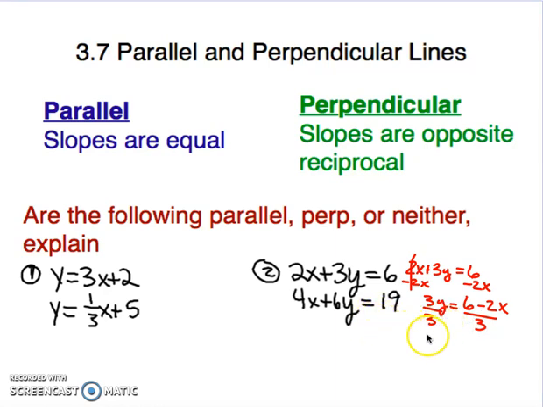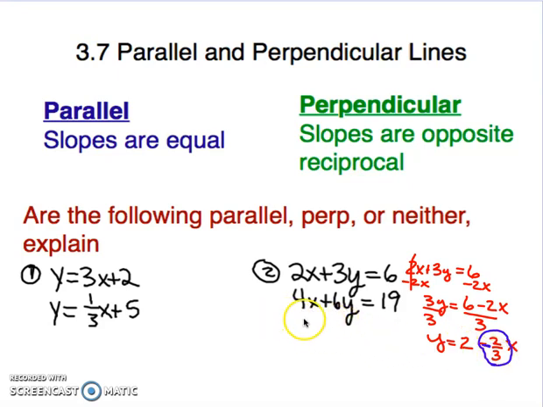And now I'm left with y equals, this would simplify down, 6 divided by 3 would be 2. This does not simplify down any further, so we would write it as 2 minus 2/3 x. So this equation would have a slope of -2/3.